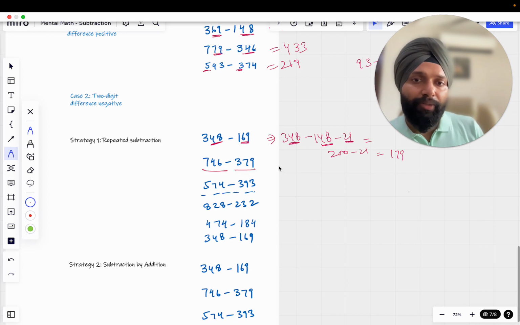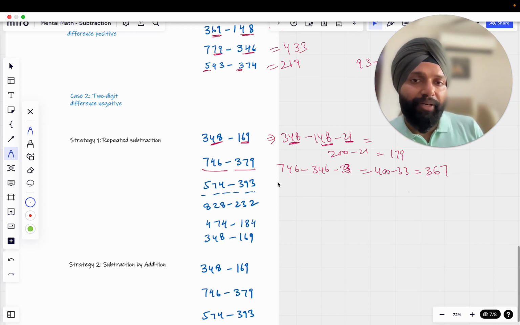Now this one, so again 746 minus 346. Now what remains is, if you take out 46 from here, what remains is 33. So which is 400 minus 33, which is 400 minus 30 is 370 minus 3 is 367.